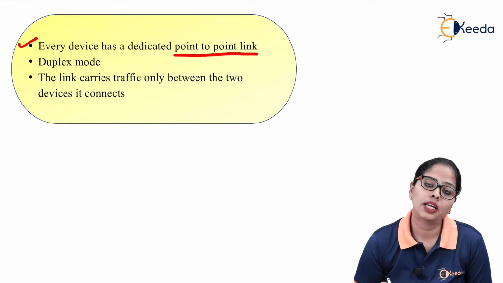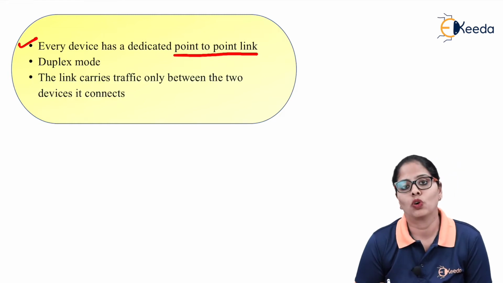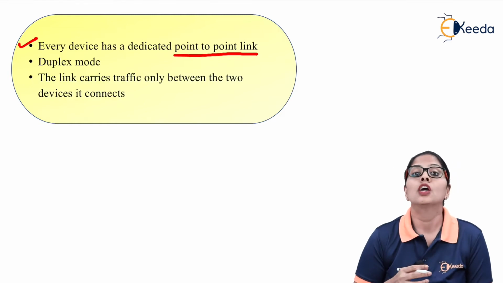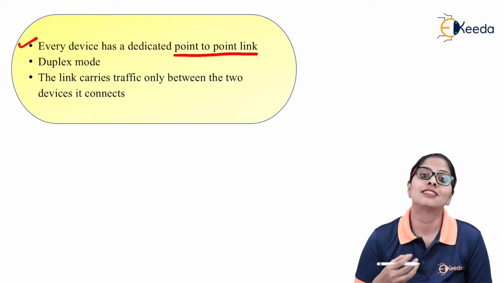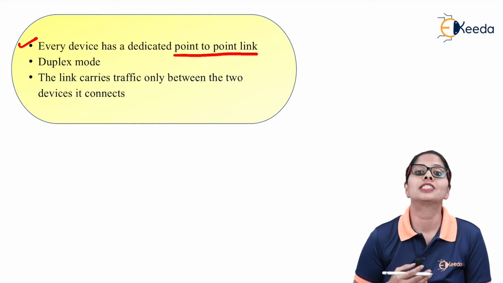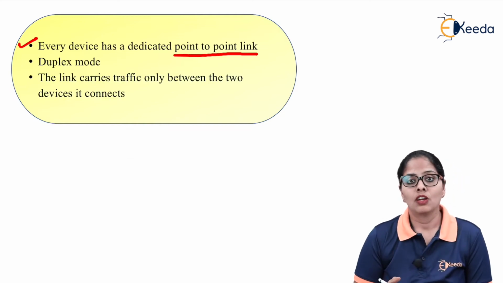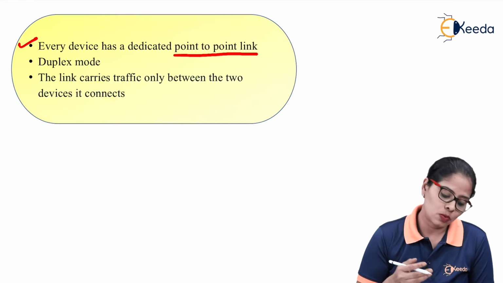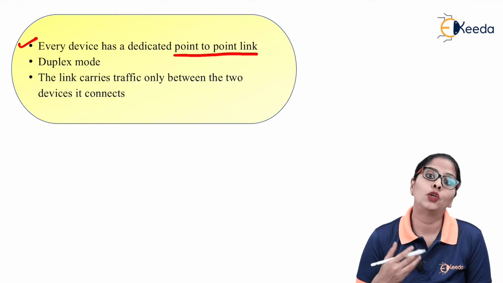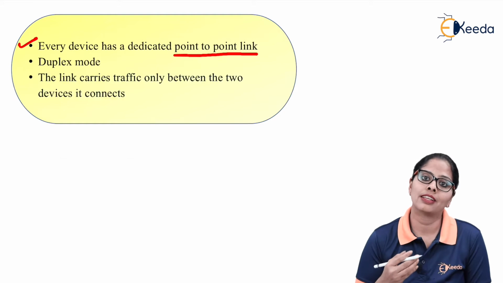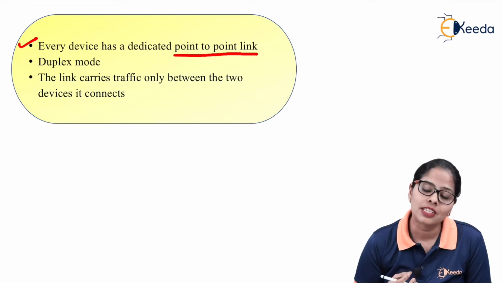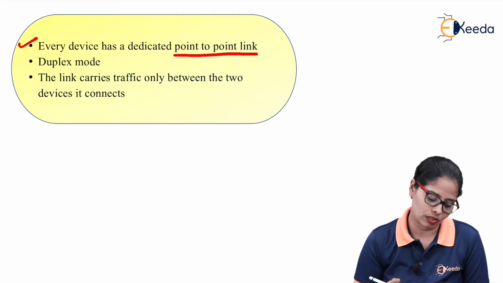Next is the duplex mode. What do we mean by duplex? It means the two computers can send as well as receive at the same time. That facility is provided by this link, that is the duplex mode. So two computers can send as well as receive data from the other computer.